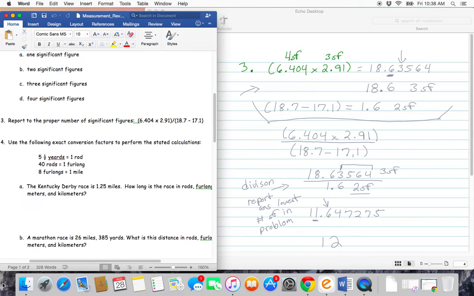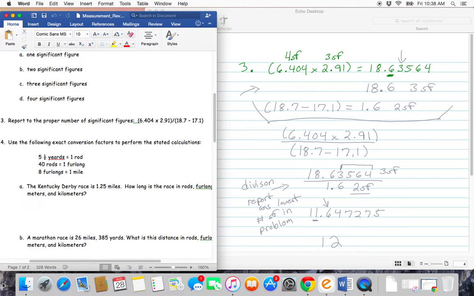So here, I'm going to put this in my calculator, 6.404 times 2.91, and the value that it spits out for me is 18.63564. This is not the correct number, although it is what your calculator tells you.